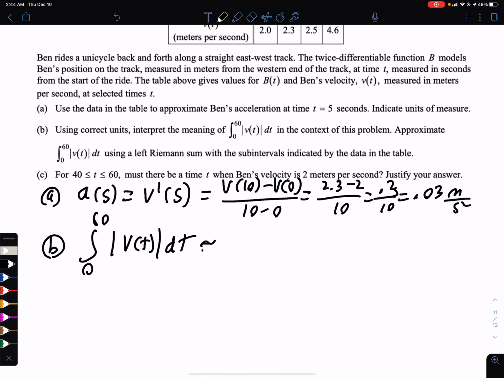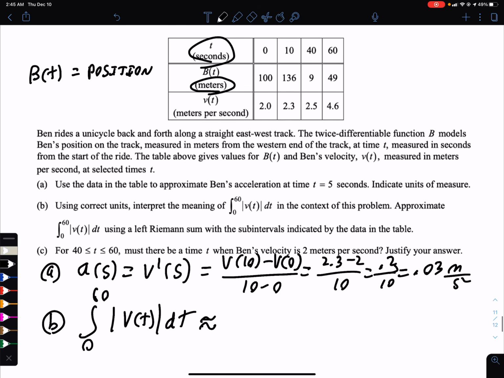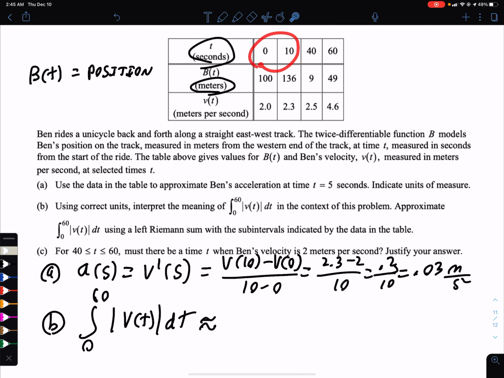This is approximately equal to, so what's the left side of these two? 0. So it's going to be v of 0, and the width from here to here is 10, so it's times 10. And here's our next interval. The left side's 10, so that's going to be v of 10, and the width is going to be 30. And these are all absolute value, by the way.